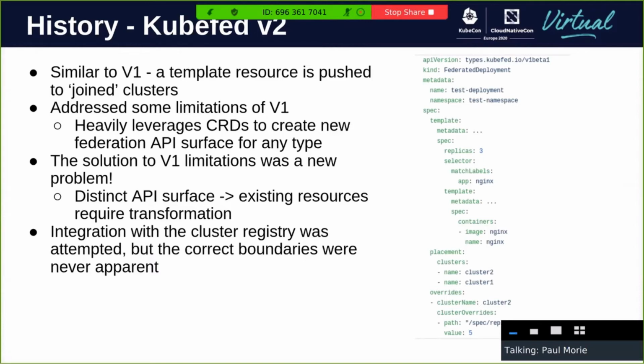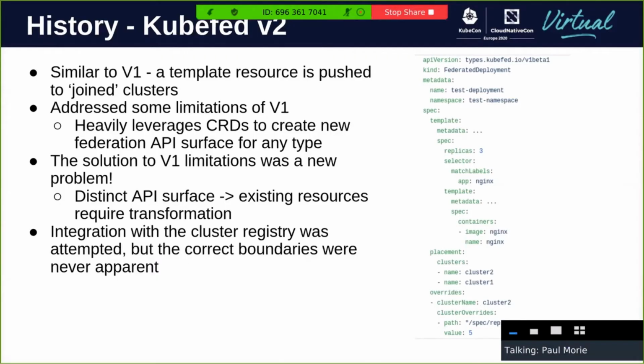But I want to call attention back also to the question of the cluster registry. We attempted in a couple different ways to integrate Kubefed v2 with the cluster registry and to pull functionality that we had originally implemented in Kubefed v2 for joining external clusters to the cluster hosting federation up into the cluster registry.